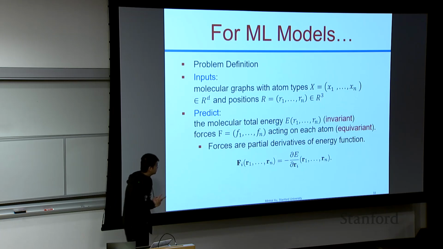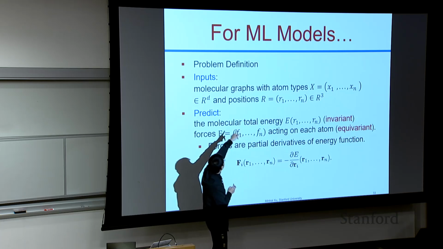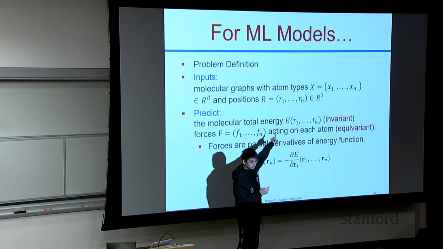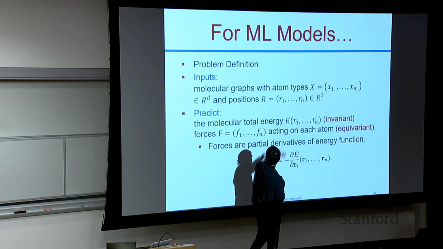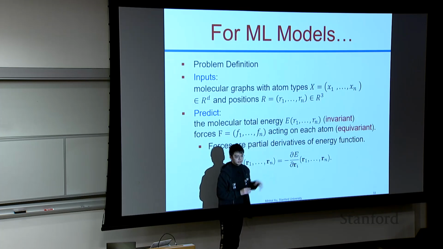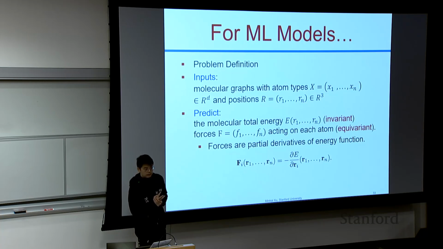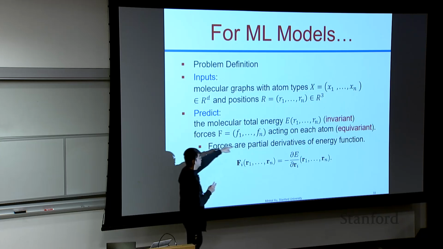Okay, so let's see the task, how we train this kind of model. We have atom types, and we have their positions, the 3D coordinates. What we want to learn is to predict energy, and to predict their force. The first class of models we will introduce today just learn how to predict energy.